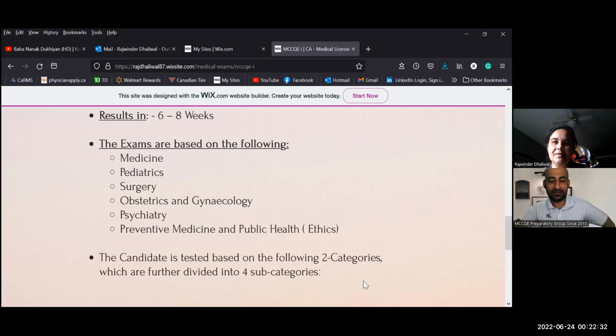The thing is, a lady coming with a child or a pregnant lady coming to see you could be gynae, but it could be ethics too. True. I don't know exactly how they make those questions, but this is what they say on their site.